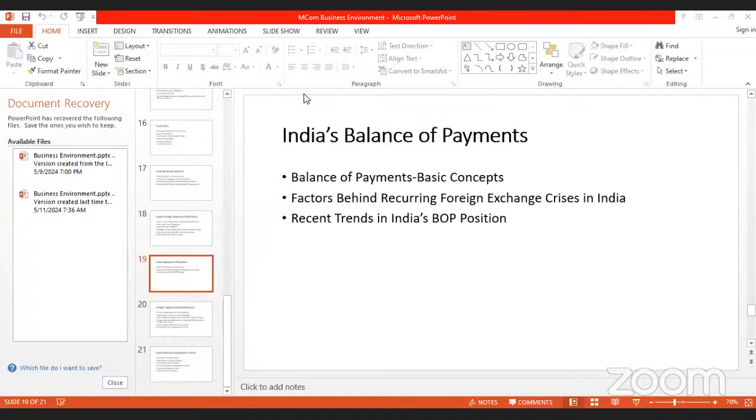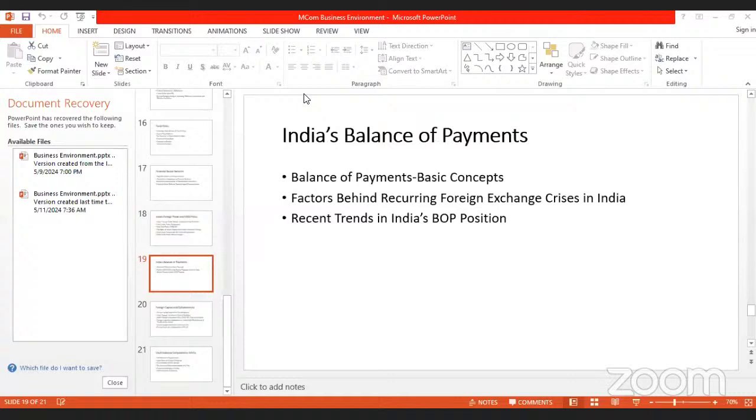Now, the next factor is external debts. The accumulation of external debts and the need for servicing it through interest and principal repayments can strain foreign exchange reserves.